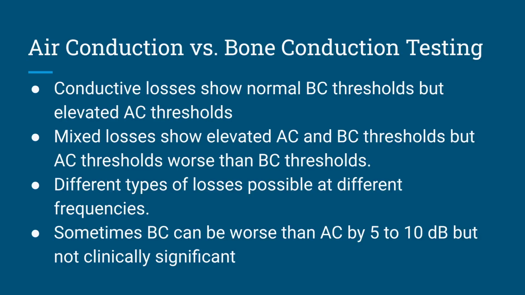So normal bone conduction thresholds, elevated air conduction thresholds, that is a conductive hearing loss. Mixed losses show elevated air conduction thresholds and elevated bone conduction thresholds, but the air conduction thresholds are worse than the bone conduction thresholds. So worse air conduction thresholds than bone conduction thresholds, but both are elevated. That is a mixed hearing loss.